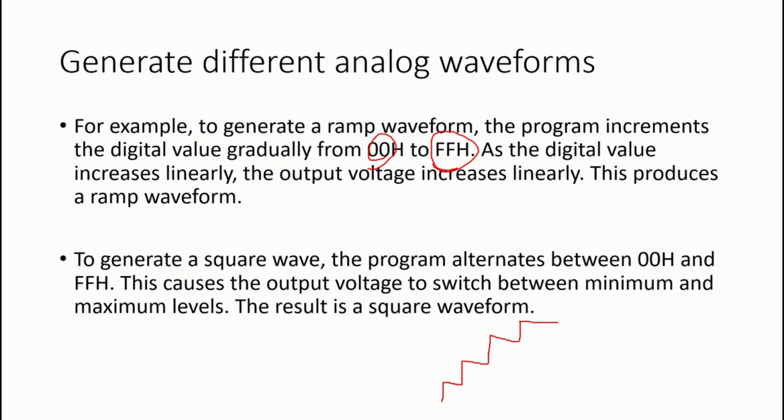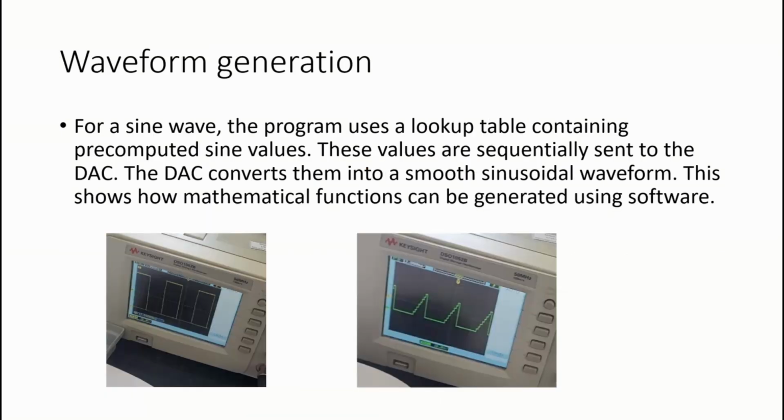And to generate a square wave, we need something like this. As you can guess, we just need the program to alternate between the highest output voltage and the lowest output voltage, which logic can be written in the code.